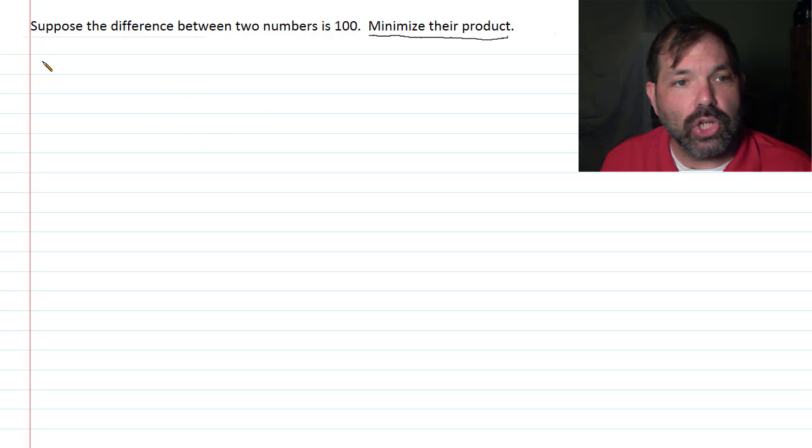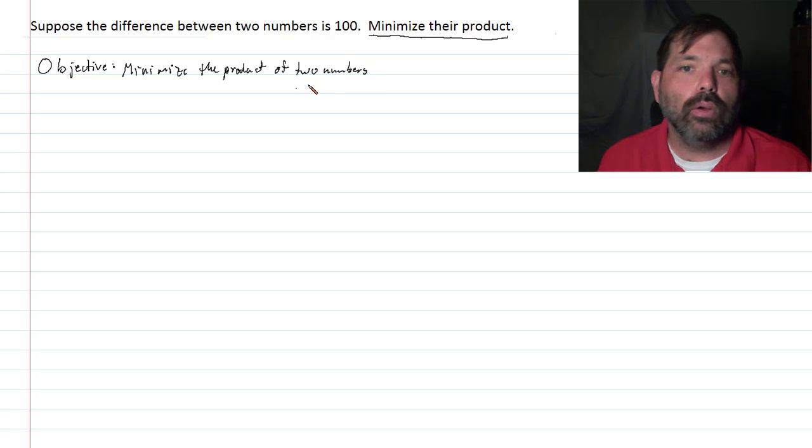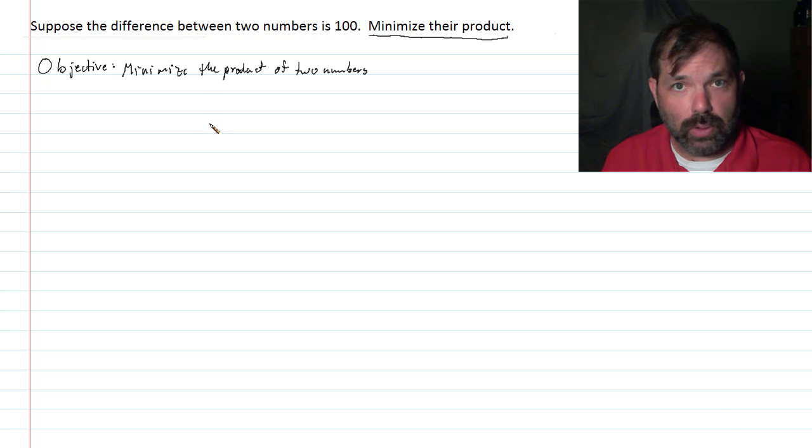So here our objective is to minimize the product of two numbers. Now, before we can do anything, let's talk about these two numbers.